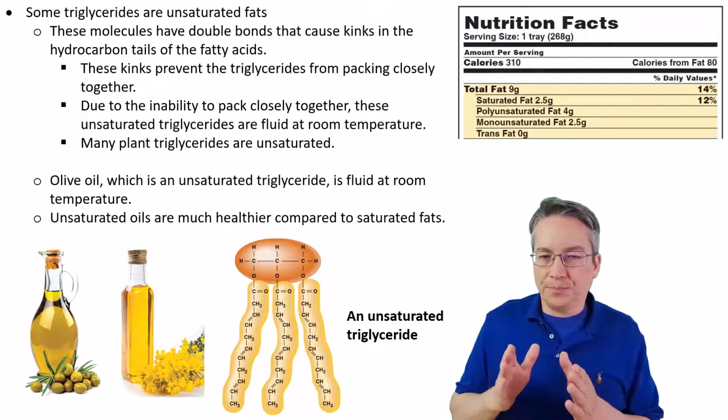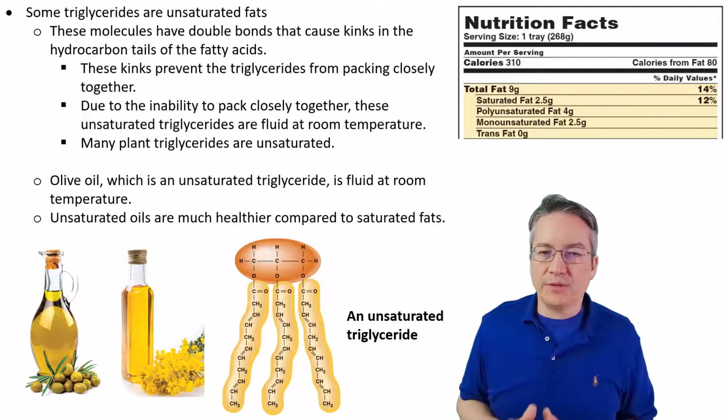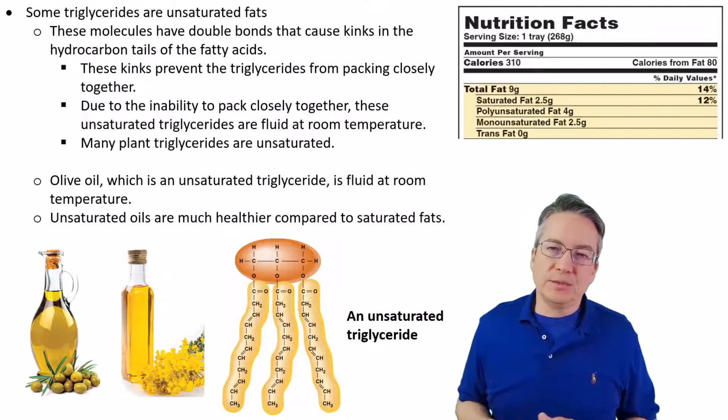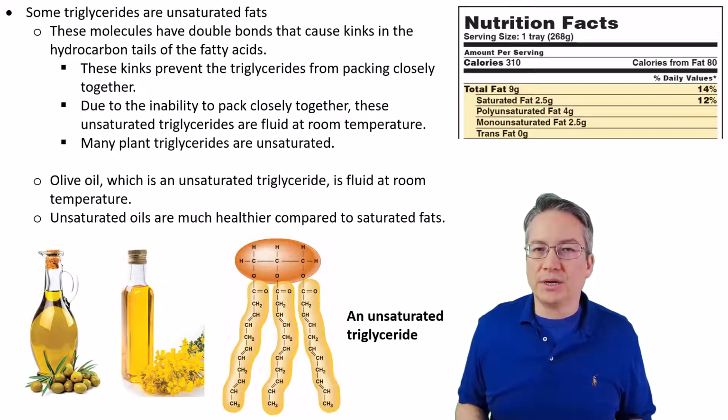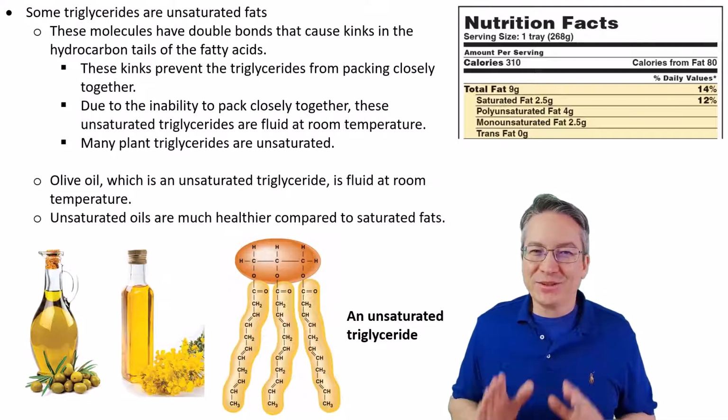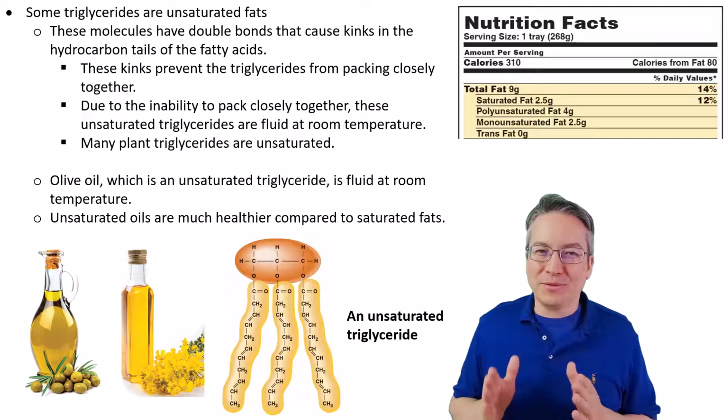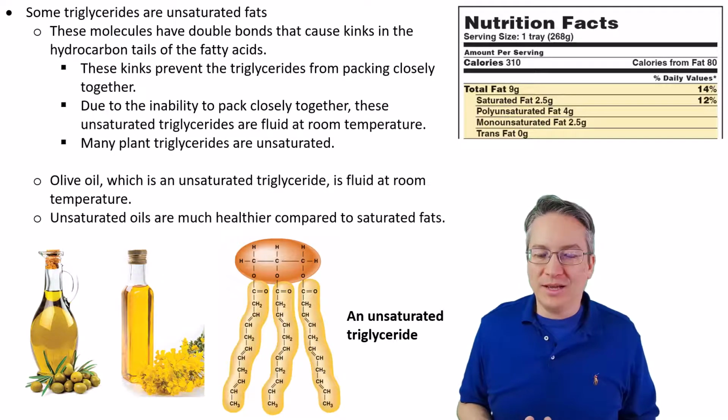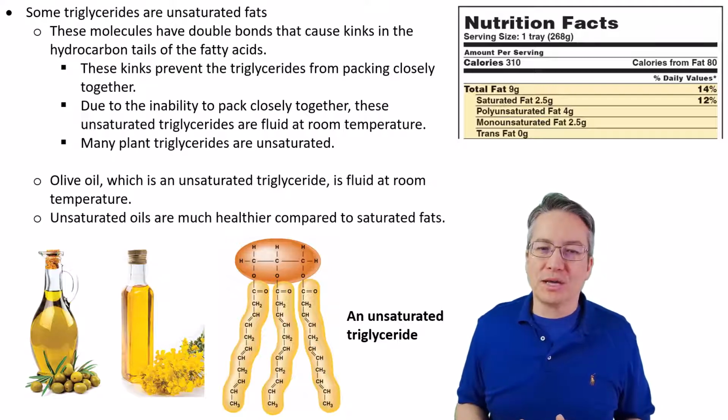So the hydrocarbon tails, even though they have double bonds, are actually straight, and they pack together and they're solid at room temperature. These tend to be the most unhealthy of all because they're not natural. So they're really the worst possible combination of packing together really well at room temperature, in a solid way, which is not good. That's not a good sign. And then they're also essentially artificial chemicals. So they're the worst for your health.